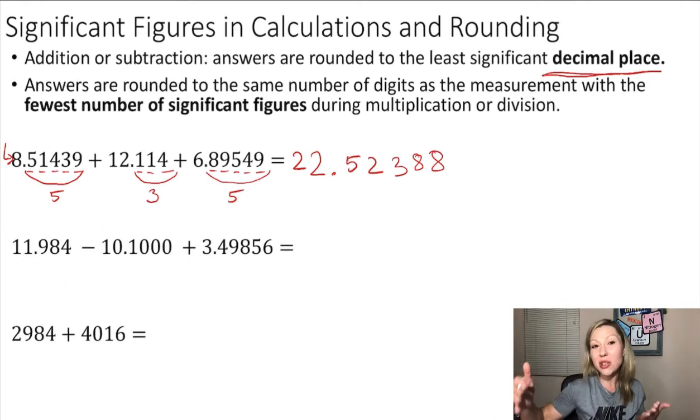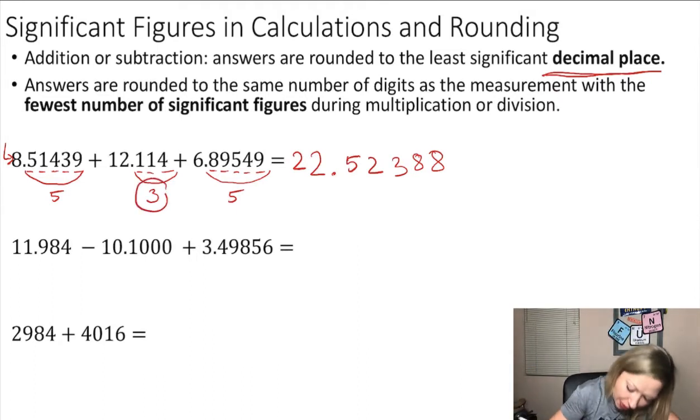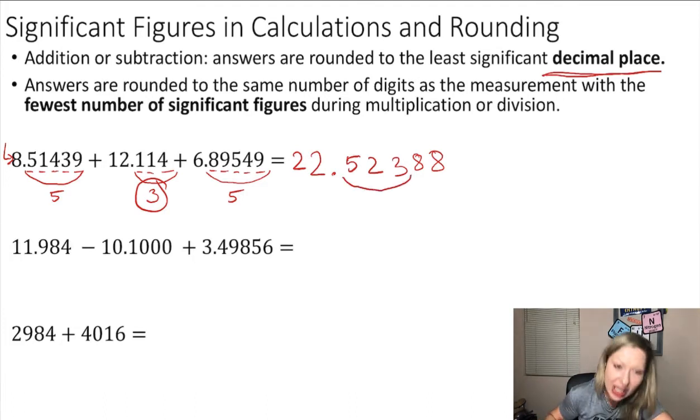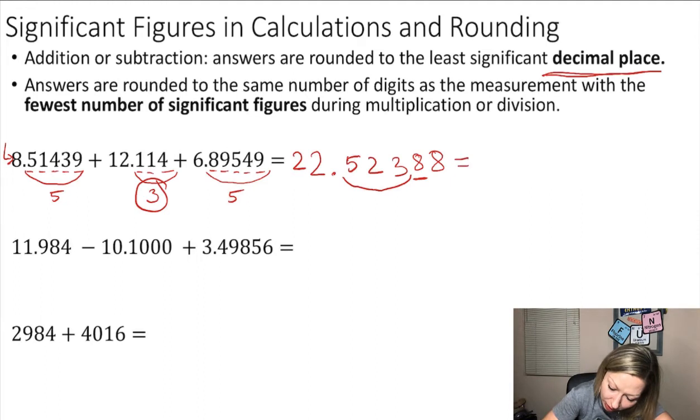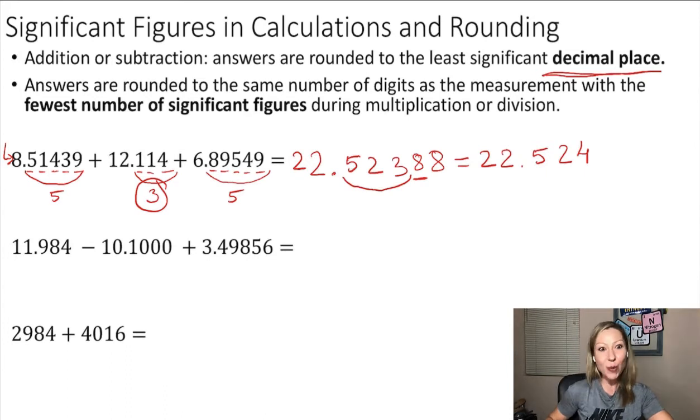So how many decimal places can I have in my answer? 3 only, right? Because the smallest number were 3 here also. So I can keep these 3 digits. Now, because my next value is 8, I have to round up. So my answer will be 22.524. Okay, I hope this makes sense.